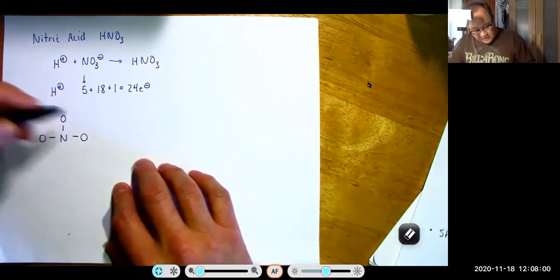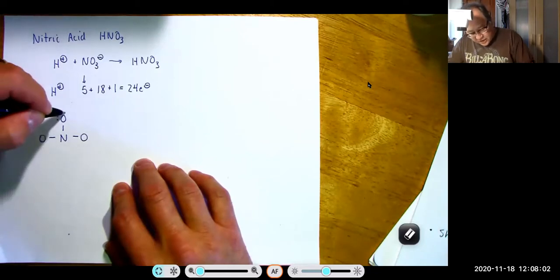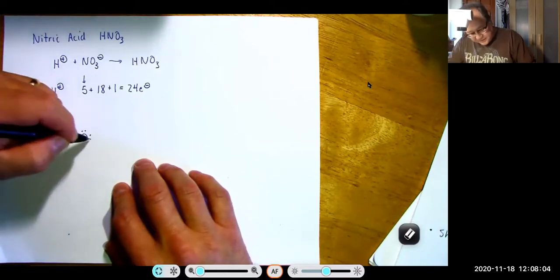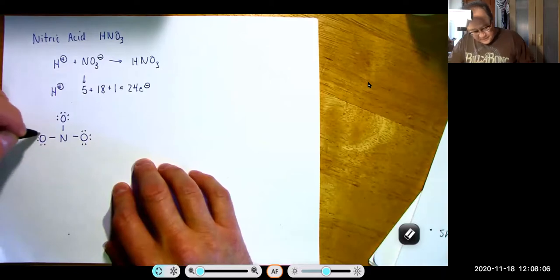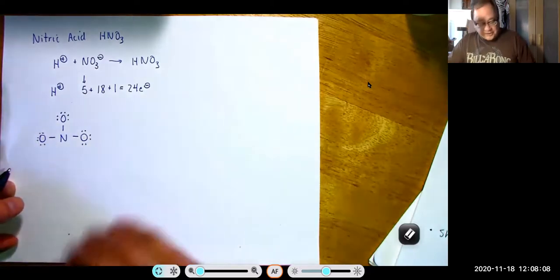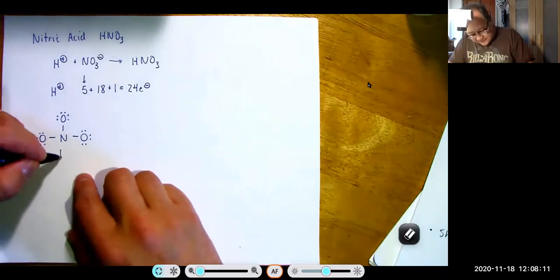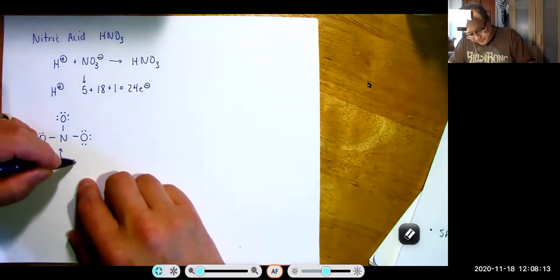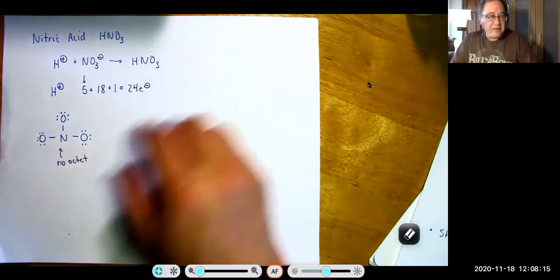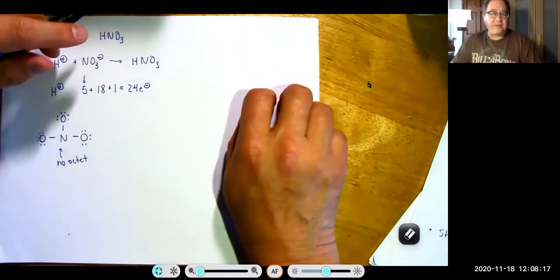So the nitrate ion is going to look like this to begin with: 3 oxygens around the nitrogen, and we put lone pairs on each oxygen until we get to 8. And here you'll see that there's no octet on the nitrogen. Most period 2 atoms want an octet.